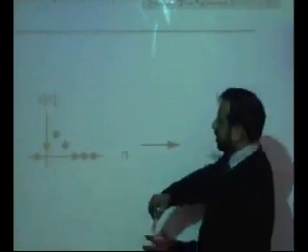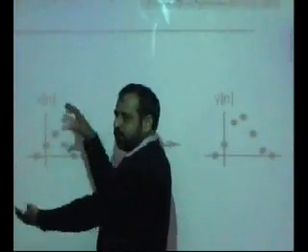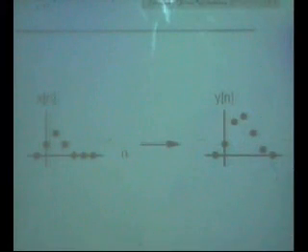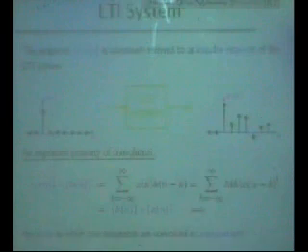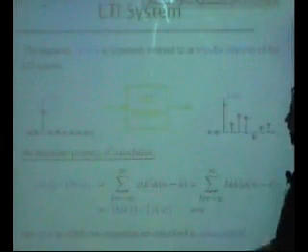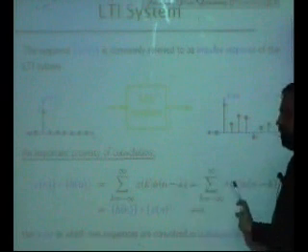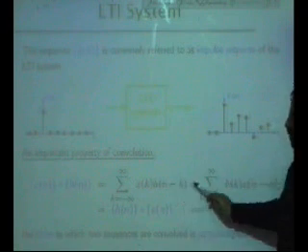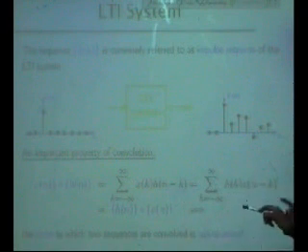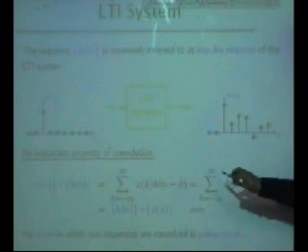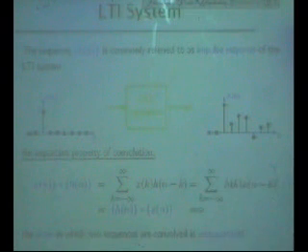So if you add all the left side together, you get the input. If you add all the right hand side together, you get the output. So this is your answer. So an impulse response is this, and these are the two ways of implementing it: weighted shifted impulse responses, or always weighting the current sample, the previous sample and the previous to previous sample and adding them together to get the output. Both are equivalent expressions.